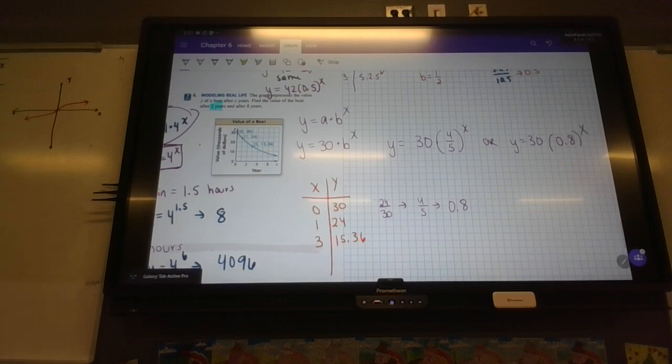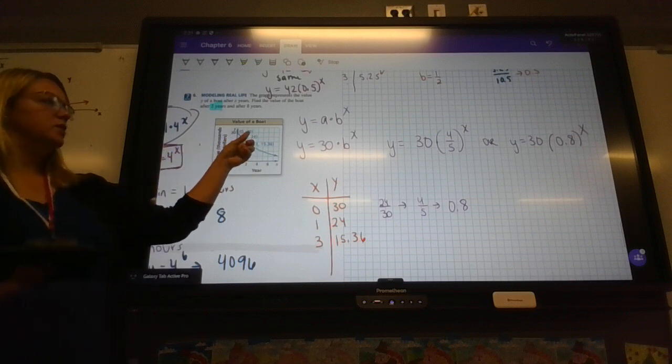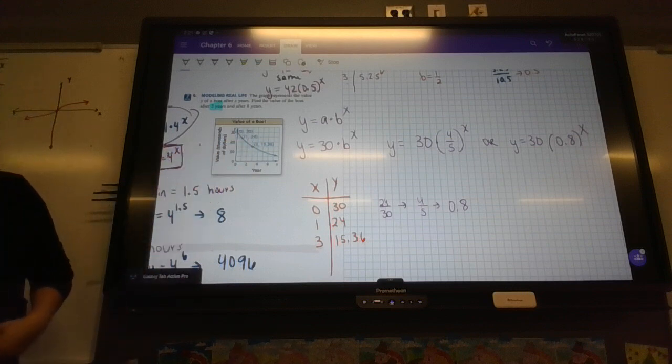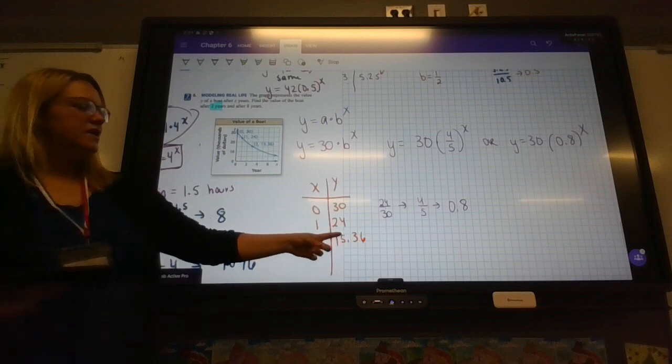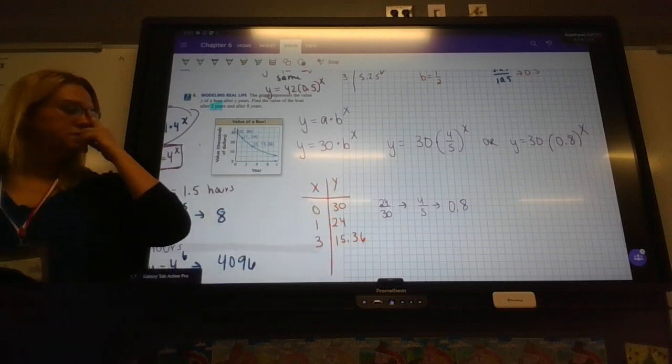So it's decreasing 1/5 or 20% each year. You put the second value over the first one. And if the numbers are going down, your base should be less than 1.